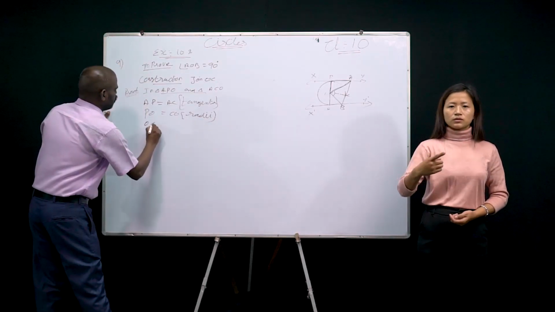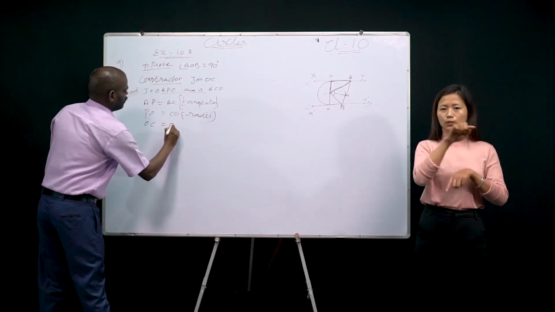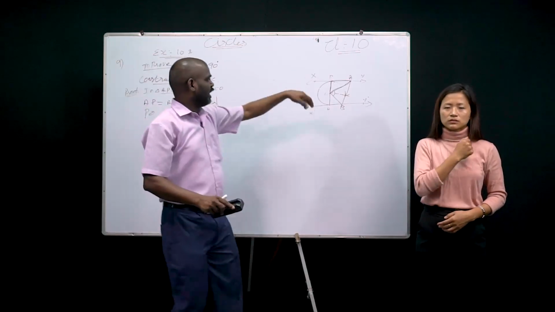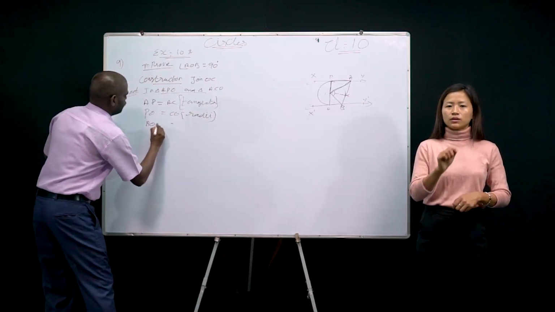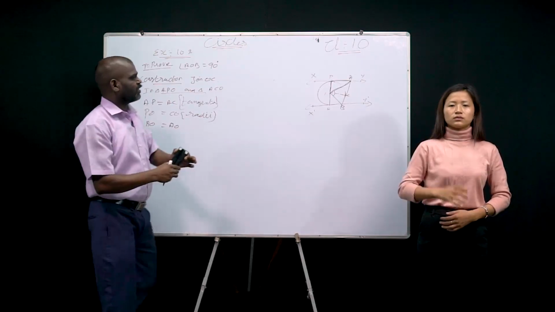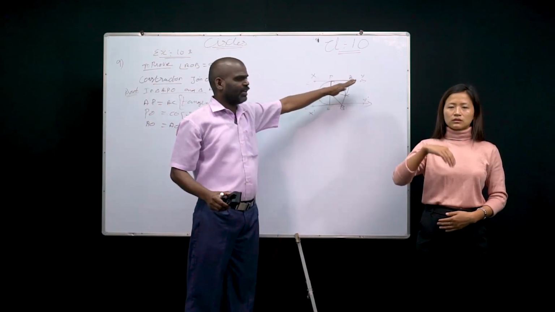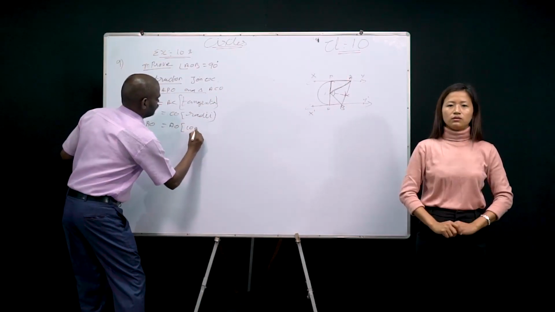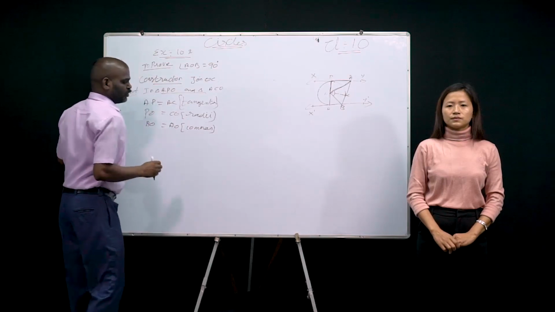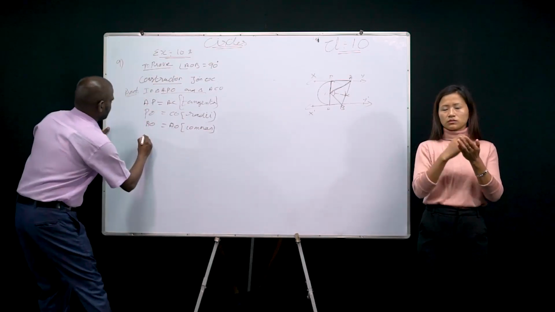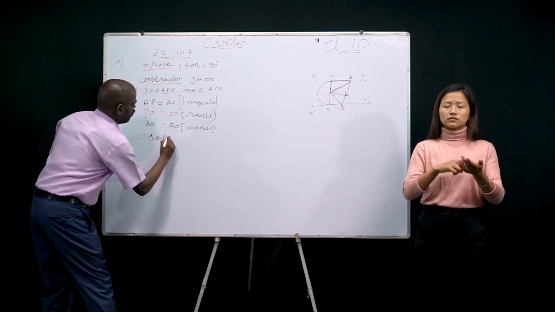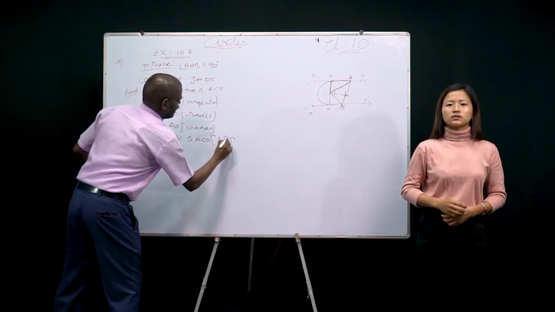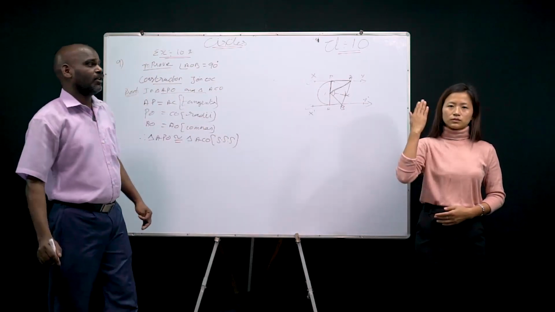Next, AO equal to AO or not? Because AO is common to both the triangles, so they are equal. So these two triangles are congruent, right? Therefore triangle APO is congruent to triangle ACO by SSS. In the previous class we learned, right?